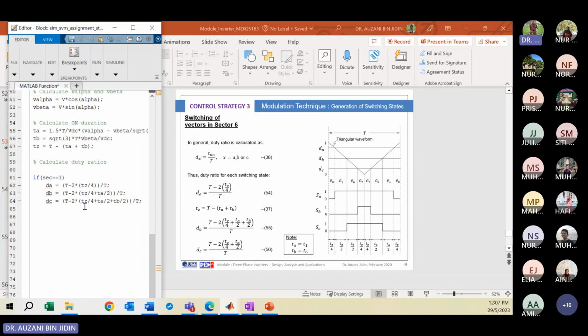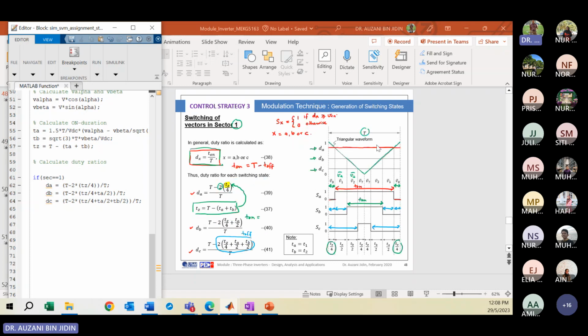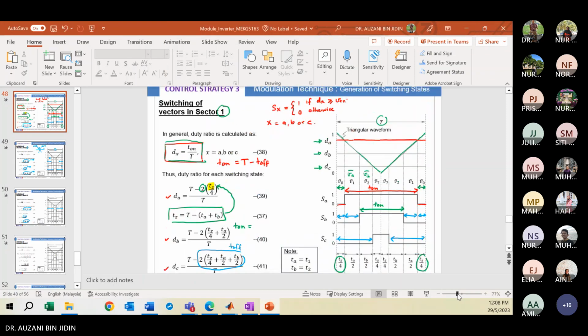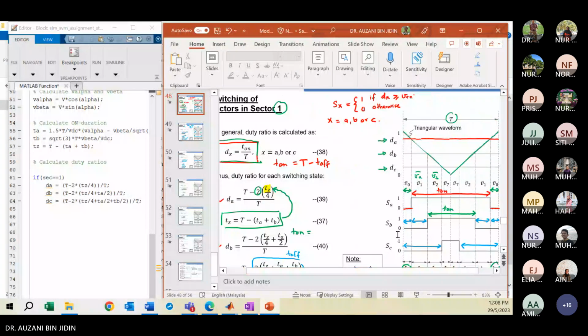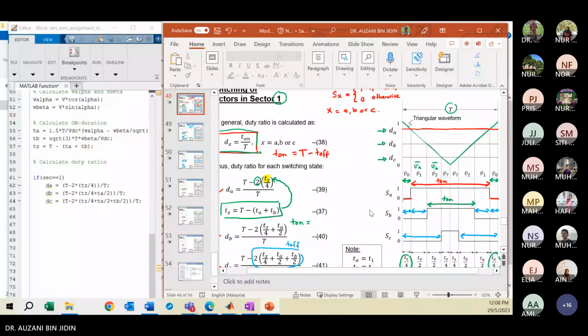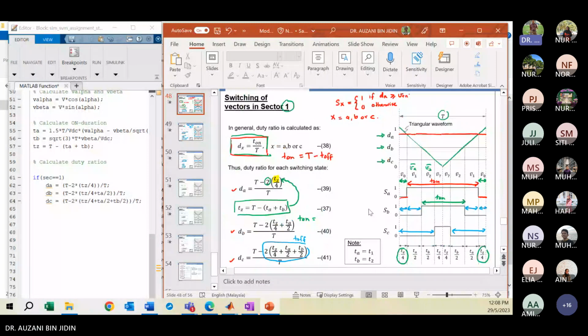Try to understand by comparing the coding and the diagram here. For the case of sector number 1.